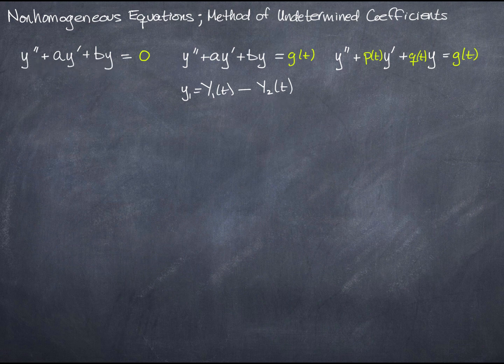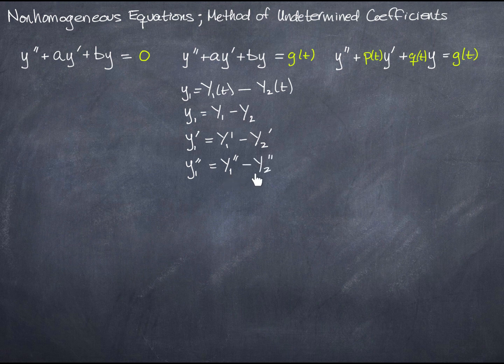So let's take a look at what happens when we do that. Let me rewrite this first in my inimitable abbreviated way. y is big Y1 minus big Y2. y prime is, well, I'm taking the derivative of a difference, which is just the difference of the derivatives, so I have Y1 prime minus Y2 prime, and y double prime is achieved the same way, so I have Y1 double prime minus Y2 double prime.